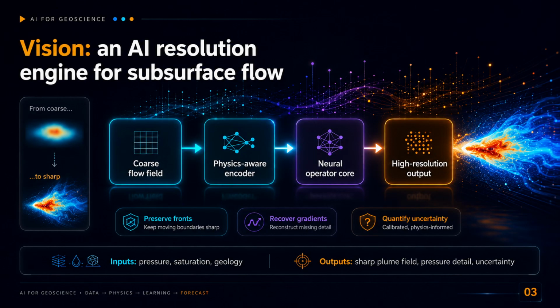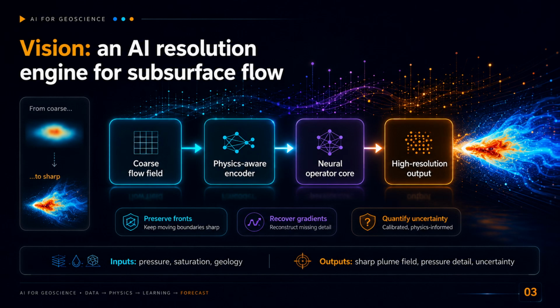The vision is to build an AI resolution engine for subsurface flow. The idea is simple. We start with a coarse flow field. This can come from a fast reservoir simulation, a reduced grid model, or limited field observations. Then we pass this coarse information into a physics-aware encoder.